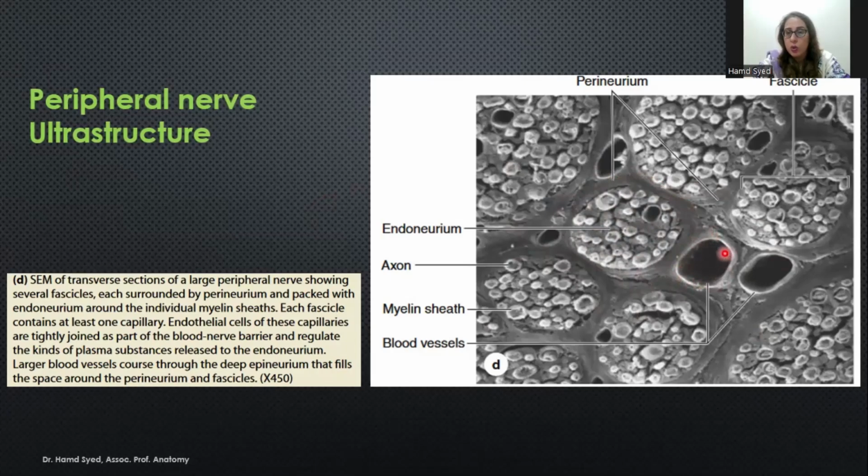Here the section is also through blood vessels, which are visible. The blood-nerve barrier, remember, is formed by the specialized cells lying within the perineurium, and this regulates the kind of substances in the plasma which are released into the endoneurium.